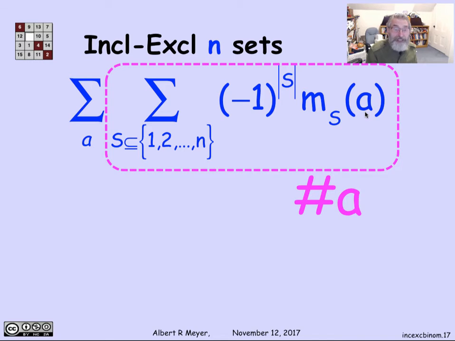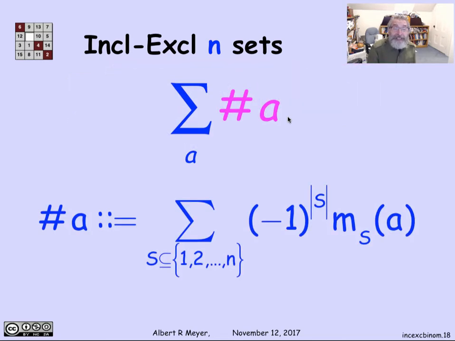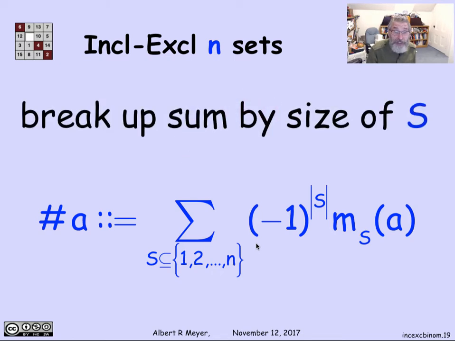And our objective, again, is to show that this formula, summing over all possible sets of indices S of the membership function m sub S of a for a being in the intersection, with the appropriate sign, comes out to be 0. Okay, so again, the sigma sub n that we're interested in is just the sum of all of those sharp a's as we formulate it. So all I've got to do is show that this is 0 and the proof is finished.